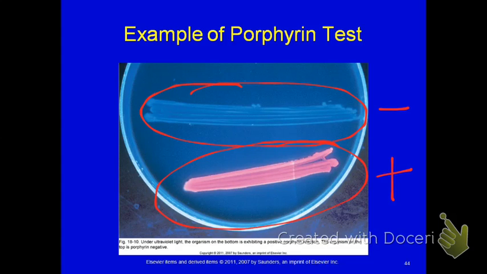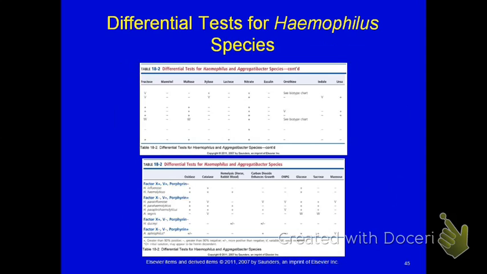You have to study table 18-2 in your book. This would be the differential test for other species of Haemophilus and Aggregatibacter. It will also tell you whether the organisms require the X factor only, the V factor only, or both.